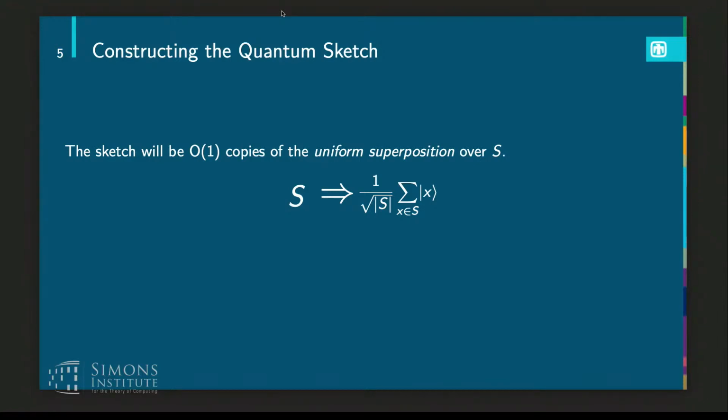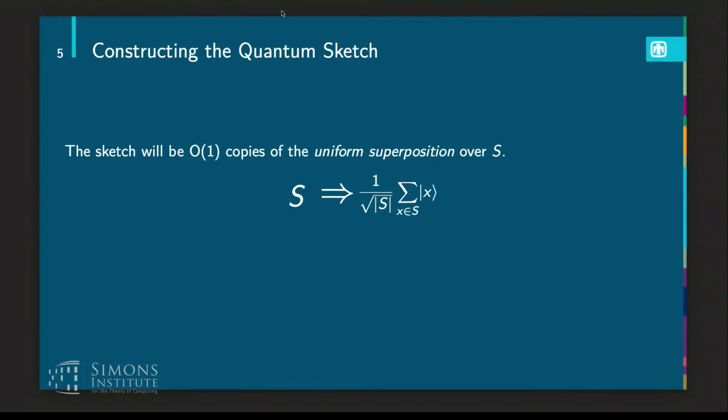By that, I mean it's going to be the vector that's exclusively supported on the elements of S, where the amplitude on each of these coordinates is going to be the same real number, which means that since it's supposed to be a length 1 superposition, it's going to be 1 over the square root of the size of S each time.